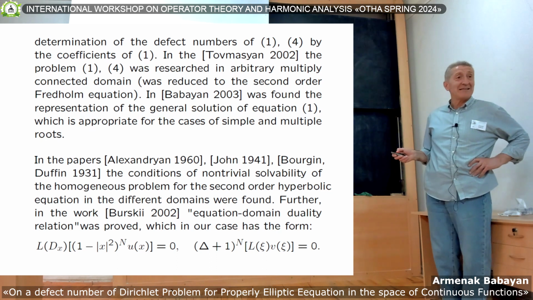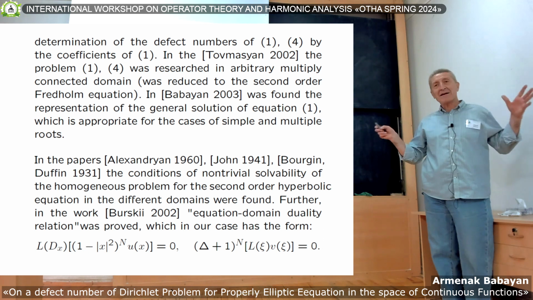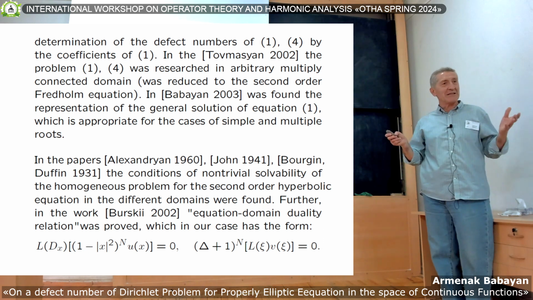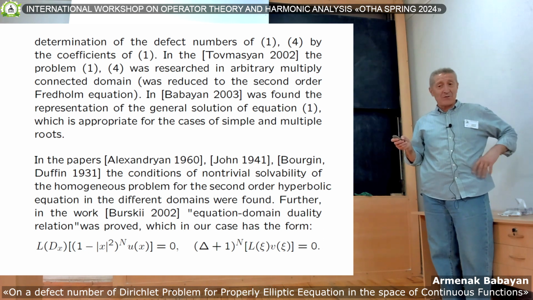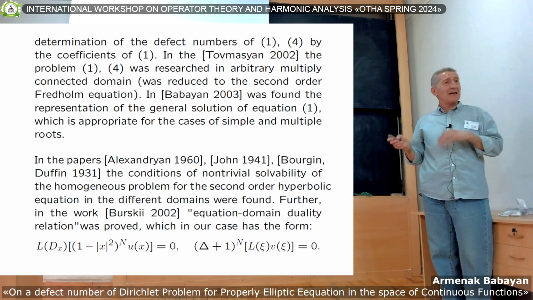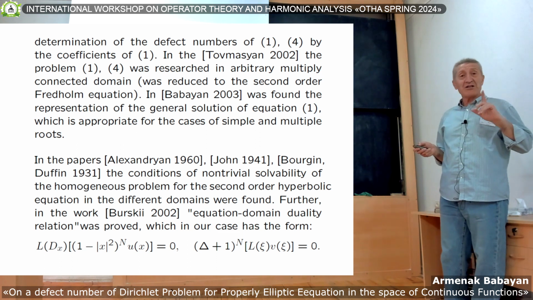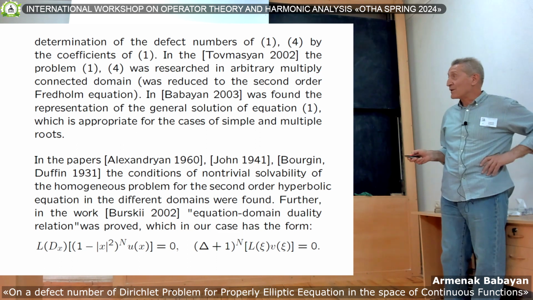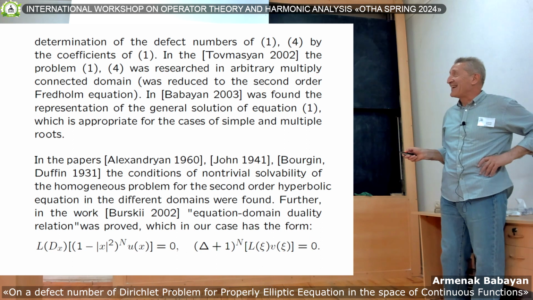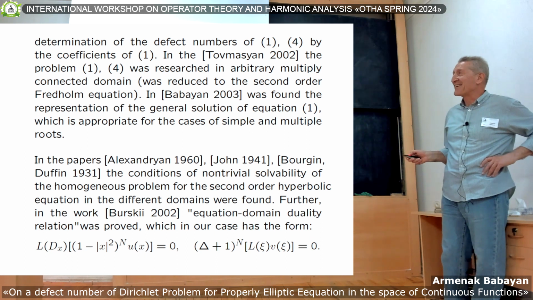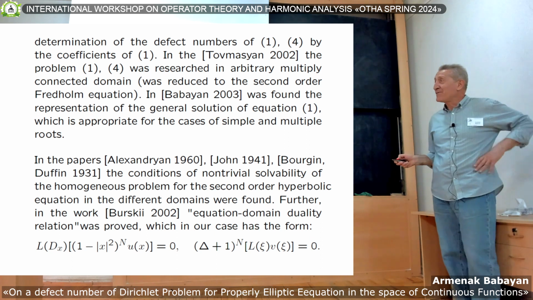where he considered the Dirichlet problem for an arbitrary kind of equation. So it may be elliptic, may be non-elliptic, and so on. And he considered only the homogeneous problem. And this was the duality relation between the equation and the domain. In this case it is the following.